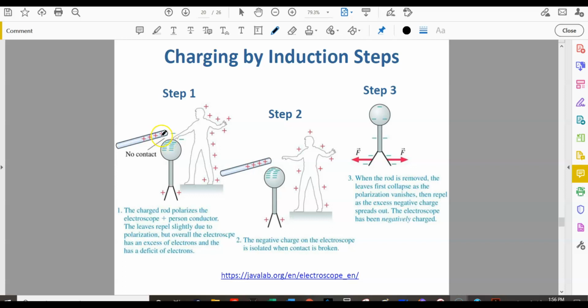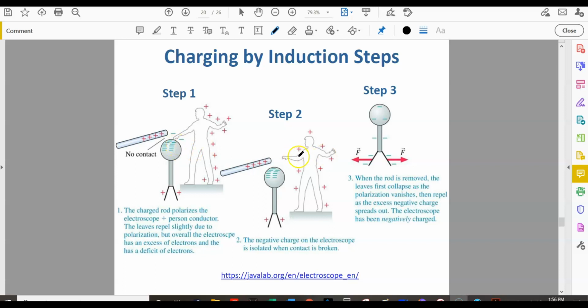Well, if you bring this positively charged rod close to this electroscope, the electrons are going to come to the top, but most importantly, this neutrally charged person, their electrons are going to be towards the tip of their finger. And if they then touch the conductor, well, this person, who is also kind of slightly a conductor, is going to have his electrons pulled onto the surface of the conductor now. Okay, and then the person lets go.